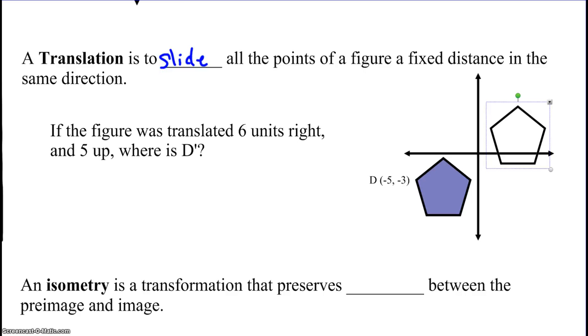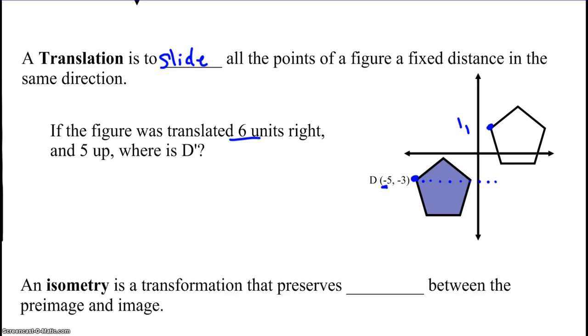They're telling us how we did this translation: the figure was translated 6 units to the right and 5 up, and they want to know where D got moved to. If I move D in the direction they were saying, 6 units to the right, well, if I'm at -5 and I go 6 to the right, that's going to move it to +1, because -5 plus 6 would put us at +1.